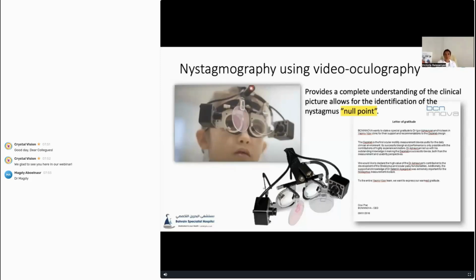A unique videooculograph was developed by a team of authors from the Crystal Vision Clinic and developers from Barcelona under the guidance of Professor Igor Aznauran. This device has allowed us to enhance the accuracy of determining nystagmus characteristics, the frequency and amplitude of eye movements in the primary gaze position and during lateral deviations. This comprehensive approach provides a complete understanding of the clinical picture of the pathological process and, most importantly, allows for the identification of the point of nystagmus blocking.